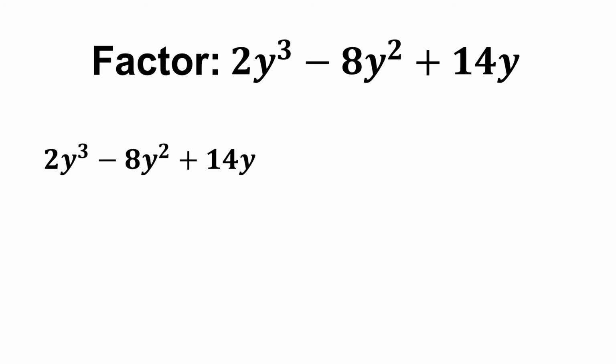But we have to consider the greatest common monomial factor present in 2y cubed minus 8y squared plus 14y. And that is 2y. And this is the monomial factor that we are going to factor out. The greatest common monomial factor, or GCF, and its role in factoring will be discussed in the next video.